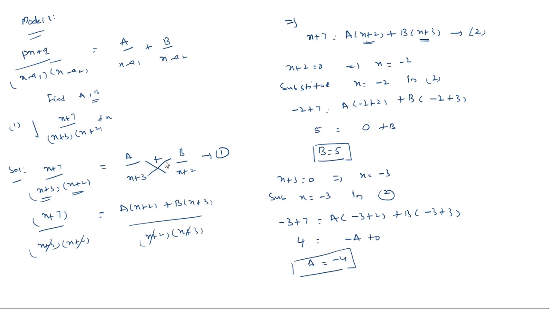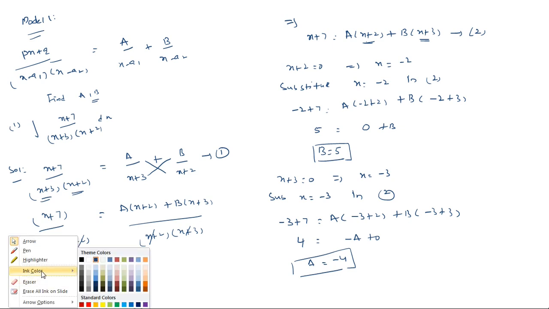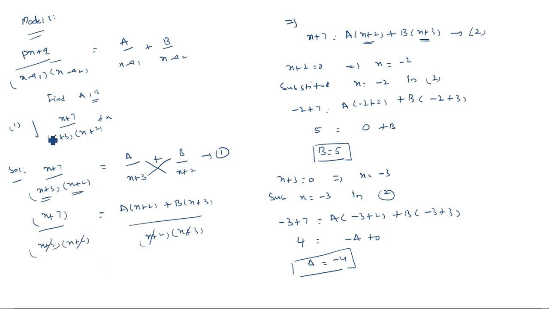Do the cross multiplication. We get a into (x plus 2) plus b into (x plus 3), and the denominators will be cancelled.